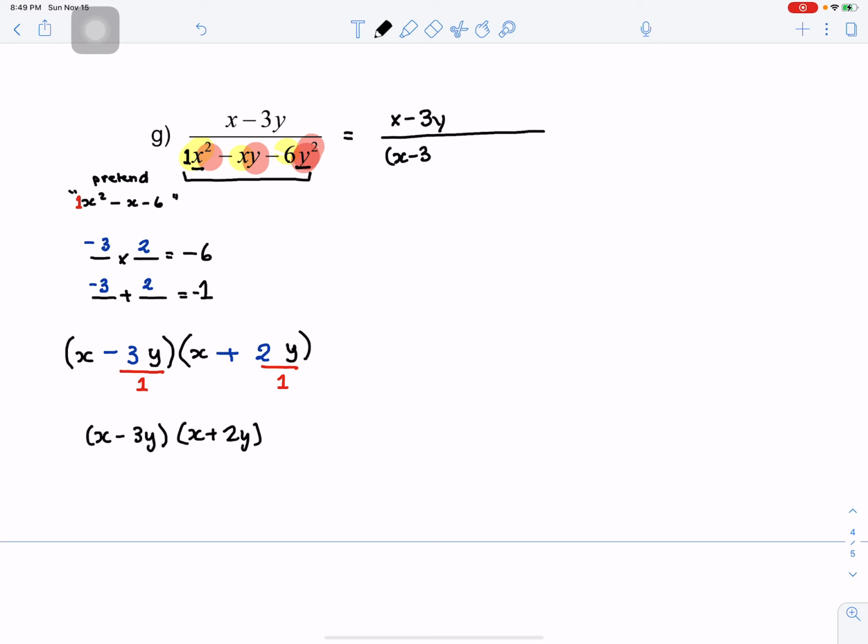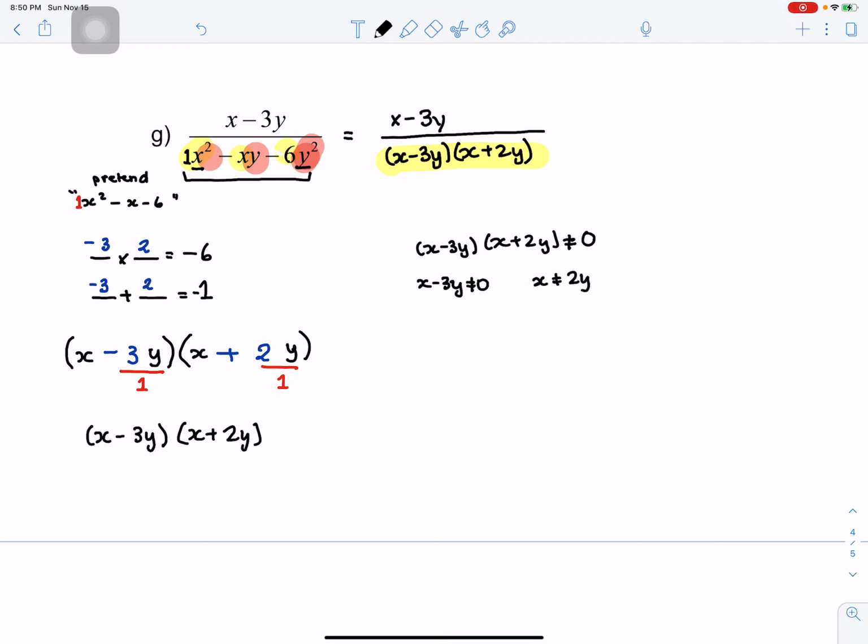Now this one's a little more challenging because you have x and y variables involved, but it doesn't change the NPVs. When you're doing your NPVs, you take the bottom, in this case in factored form, and you set it equal to 0. Or rather, it cannot equal 0. So I take each factor, and it cannot equal 0.